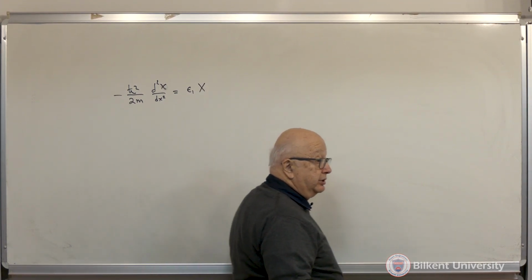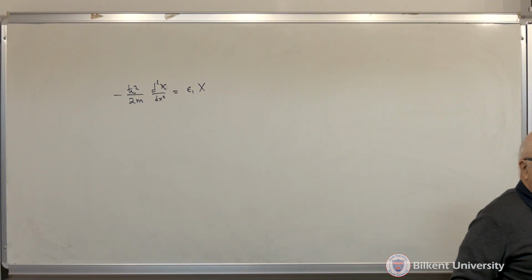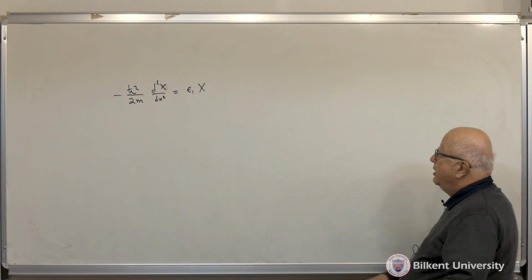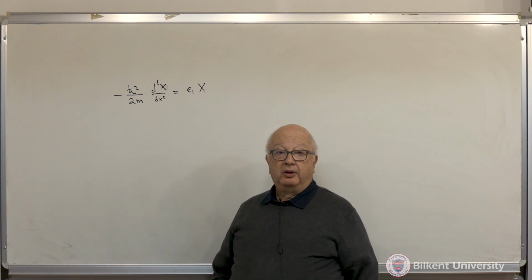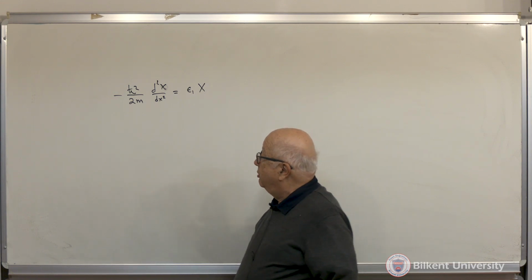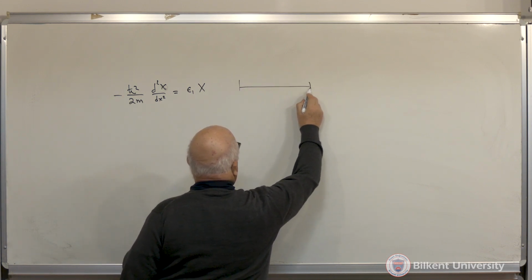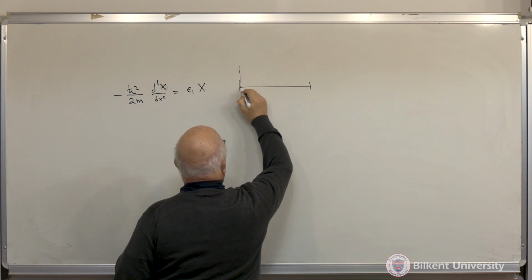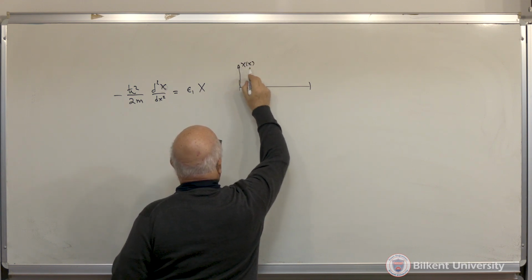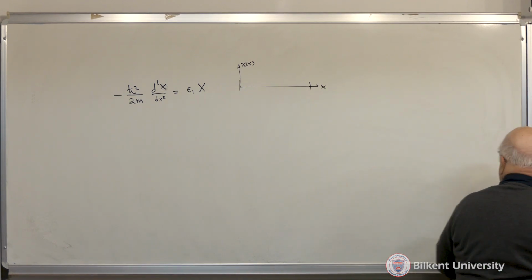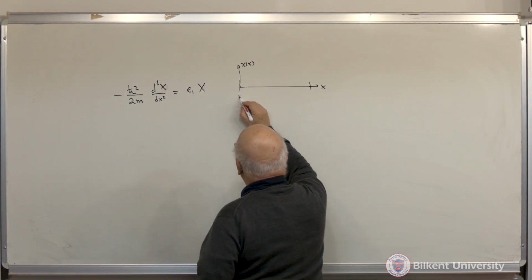So this is just like the particle in a box problem that we solved in 1 dimension, exactly the same, and corresponds to some energy E1. So I have this X of x, which I want to exist only between, according to the shape of my box here, 0 and a.